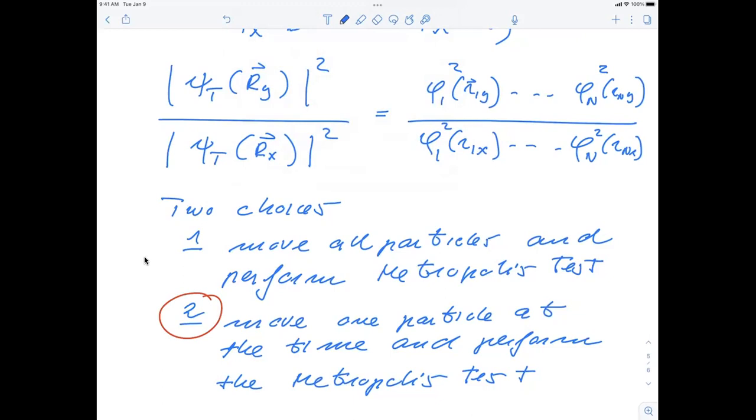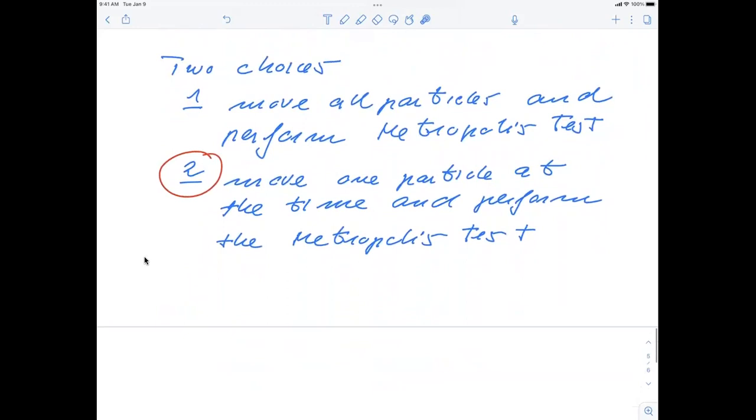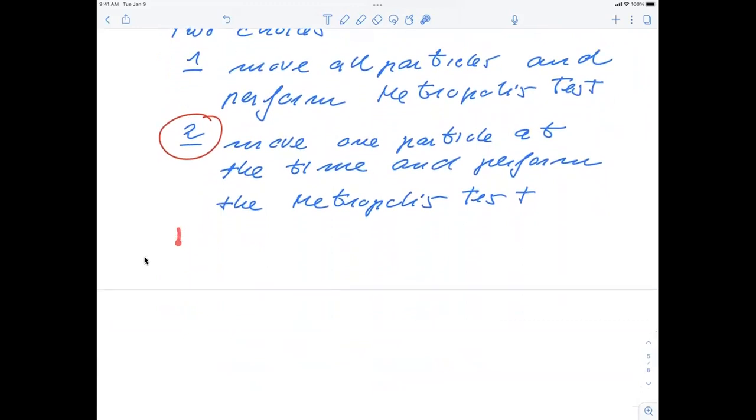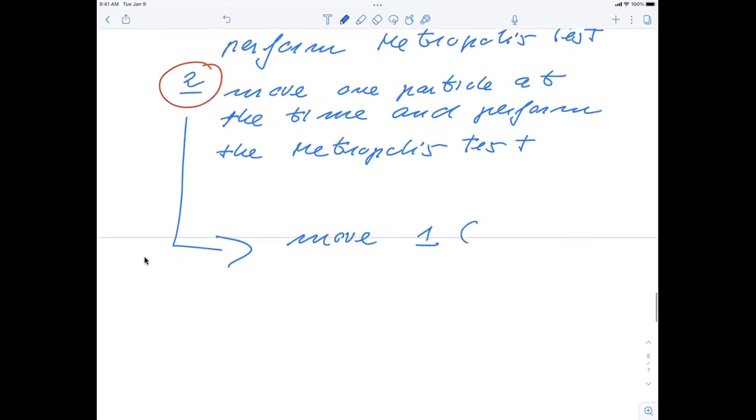Let's look a little bit more closely at this ratio. If you move one at a time, what happens then? In that specific case, suppose we move particle 1, the first particle.